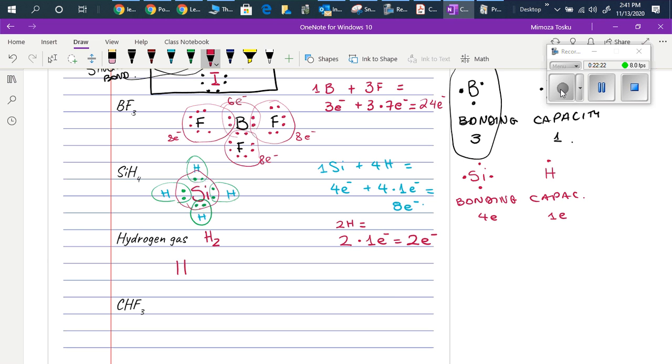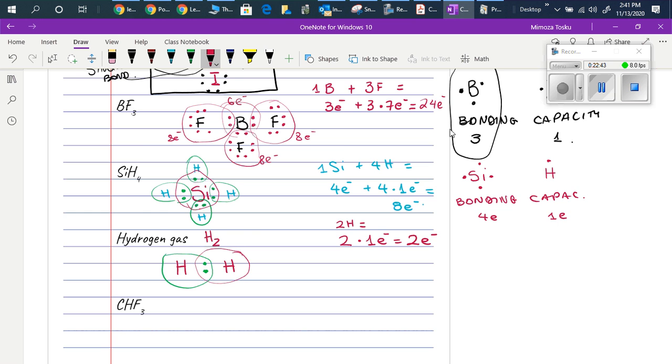So we'll have 1 hydrogen here and 1 hydrogen here, and we place those 2 electrons in between. Now each hydrogen is satisfied with 2 electrons in the outer shell.